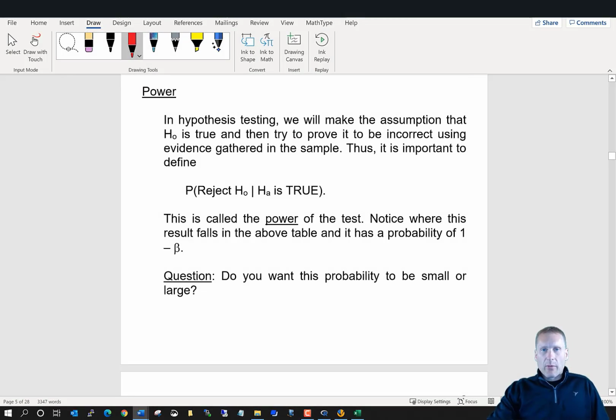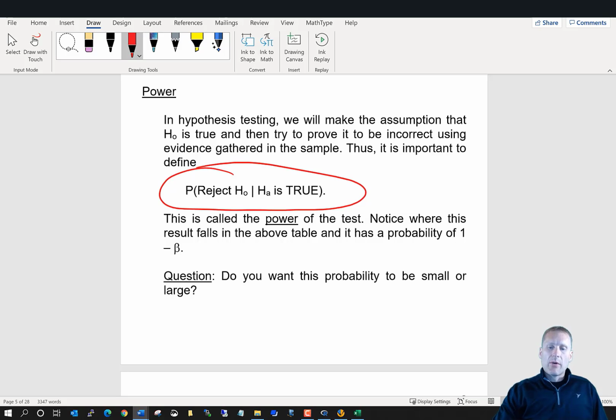And lastly, before we move on to get some numerical examples again, I want to talk about something called power. Power is a probability. Simply the probability you reject H0 given that HA is true. So you have made a correct decision.